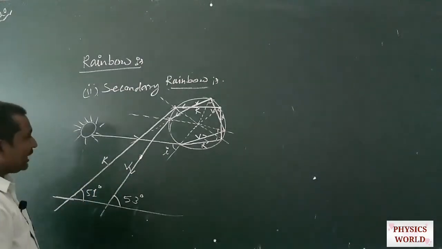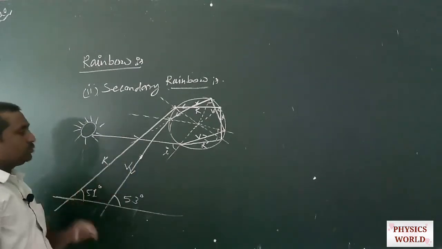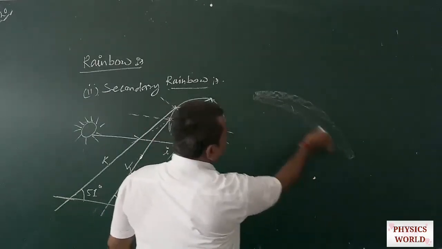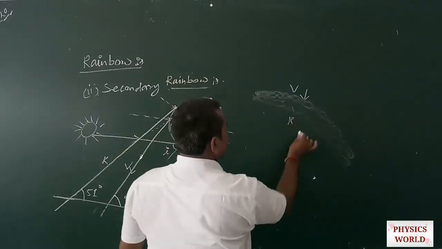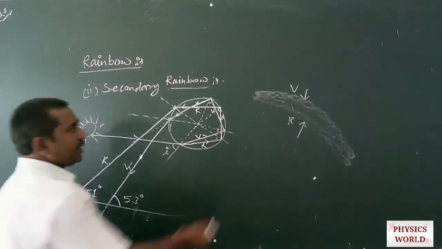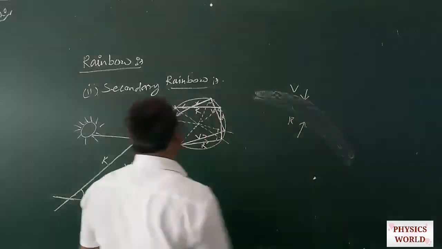From here we see that the violet color makes a larger angle in comparison to the red color. So in the secondary rainbow, the violet light appears in the upper band and the red light appears in the lower band, and all the other colors lie between them, in a VIBGYOR pattern.